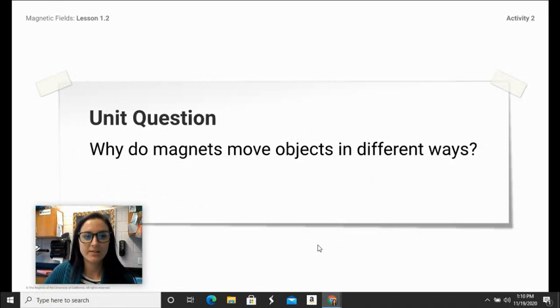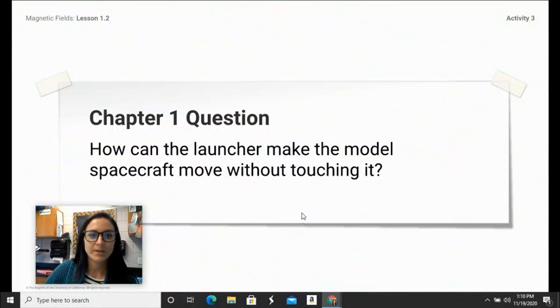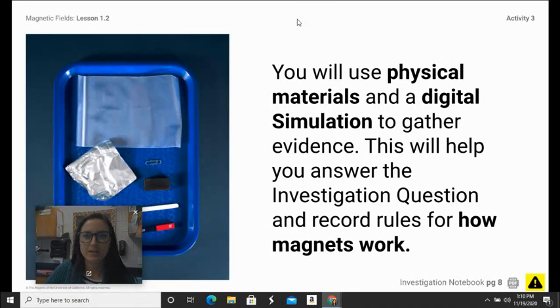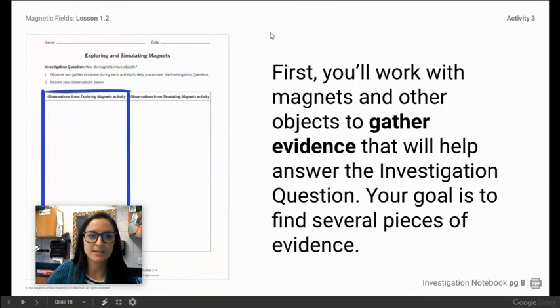Our unit question for this unit is, why do magnets move objects in different ways? And we are focusing on this question for our first chapter. So how can the launcher make the model spacecraft move without touching it? And so we are going to make some observations, and you can see there's some slides in here if we were doing it in person, which we are not.